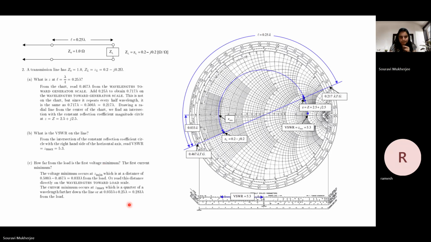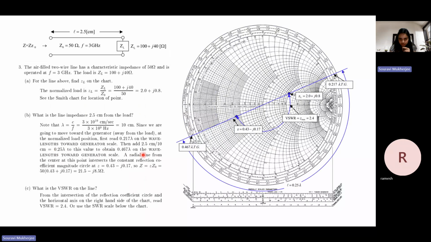Okay. Now if you are asked current minimum, then you have to do the opposite. Minimum current means maximum load, right? So then you have to look for this point, the Z max position. Okay. So all these different kinds of questions can come up.